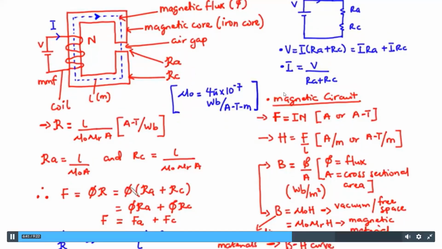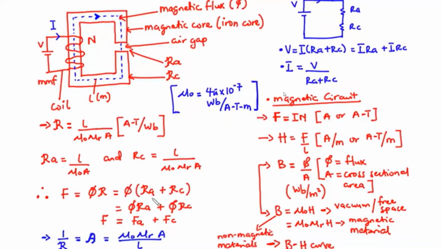If you multiply the flux by Ra and then Rc, you get flux times Ra plus flux times Rc. And that becomes the magnetic potential drop as a result of the air gap plus the magnetic potential drop as a result of the iron core.